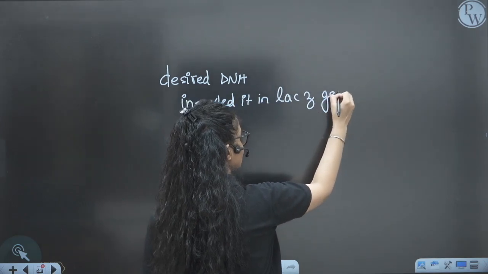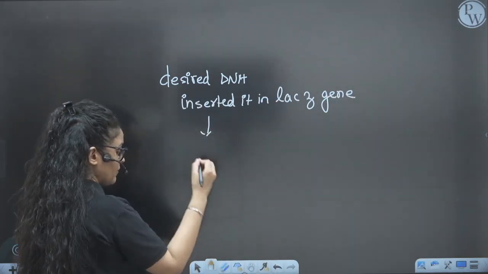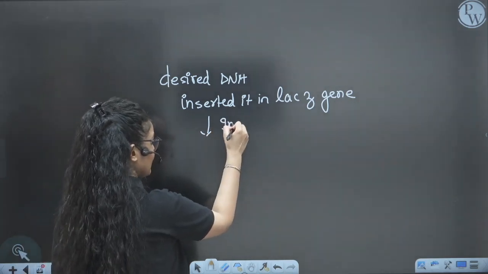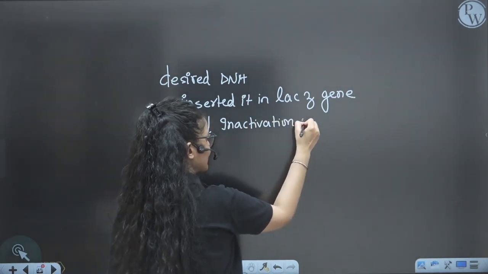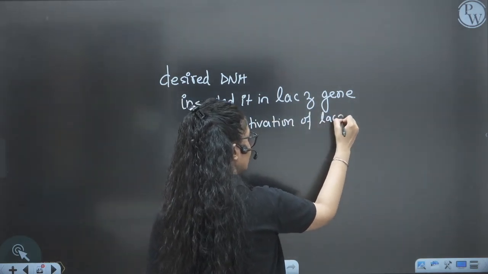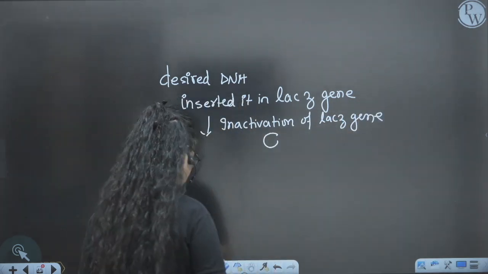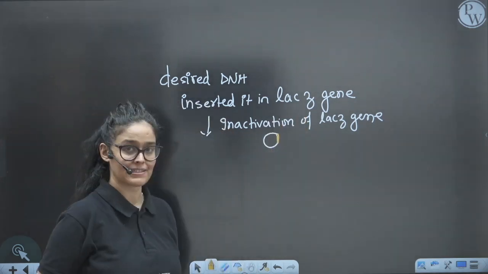Because we have inserted it at the lacZ gene site, what will happen? Our lacZ gene gets inactivated, right? So inactivation of the lacZ gene will happen in our recombinant DNA. Suppose this is our pUC18 and we have our gene of interest pasted at the lacZ gene site.